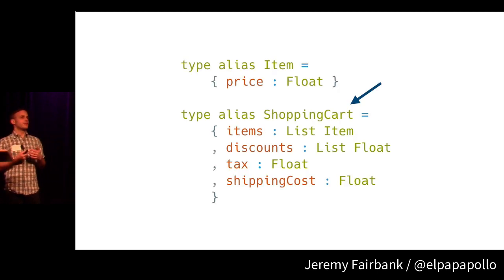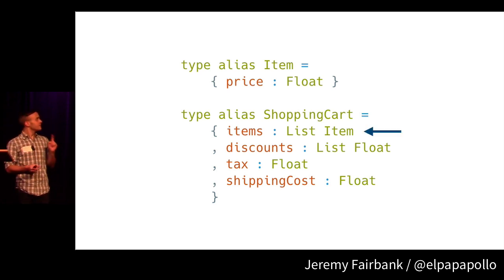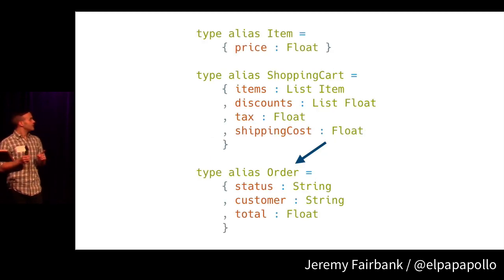I can build on top of that, I can add a shopping cart type alias. It has all the fields we would expect in our shopping cart, and it can even refer back to that item. I can say it has a list of items in this type. And then I can finish up by creating this type alias for an order. So we have the status, we have a customer, and we have the total.